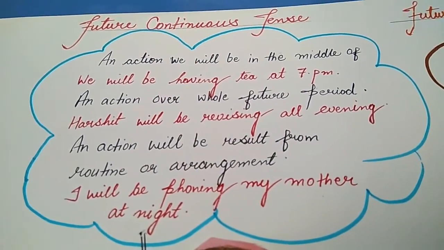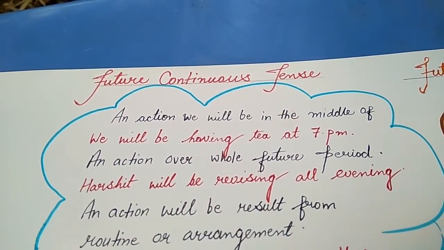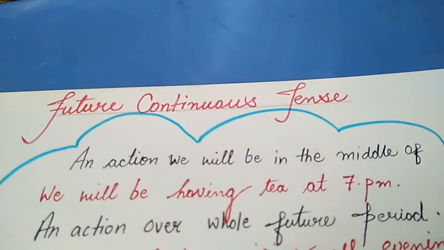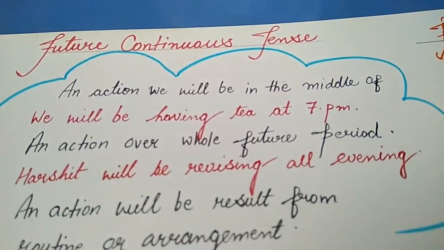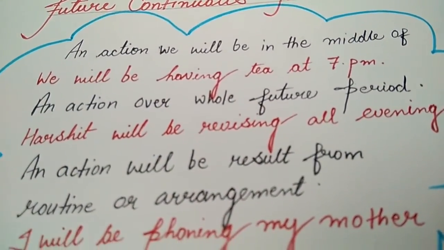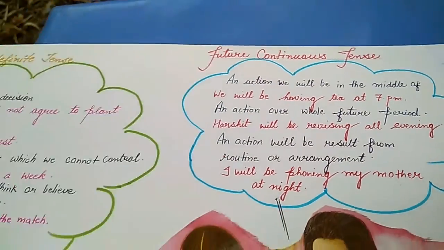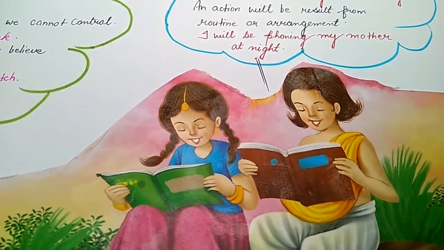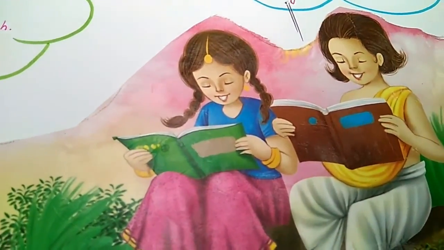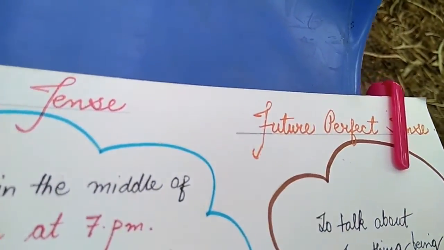So these are the possible usages of future continuous tense: an action we will be in the middle of, an action over a whole future period, an action that will result from routine or arrangement. Based on that, we can say that we will be nicely discussing the next segment of future tense, that is future perfect tense.